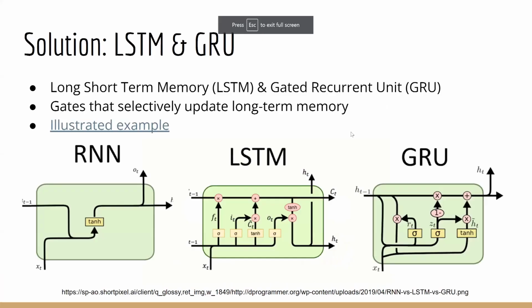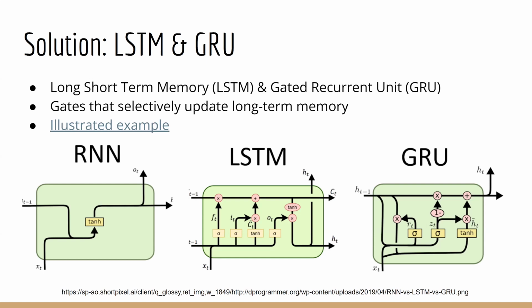So then, I'll just finish this slide here first. How you solve that problem is there are two special kinds of RNNs, LSTM and GRU. I don't think I'm going to go into too much detail today since this is a whole other topic on its own.